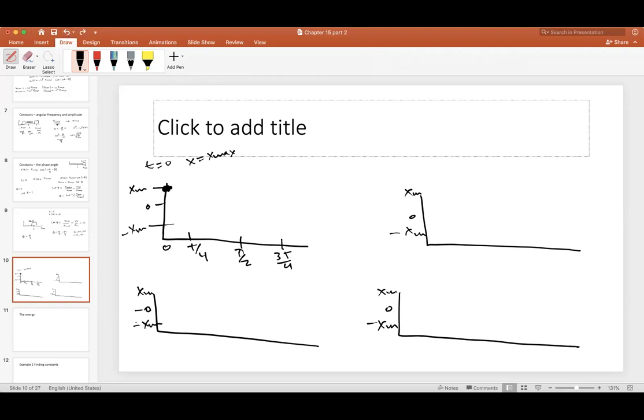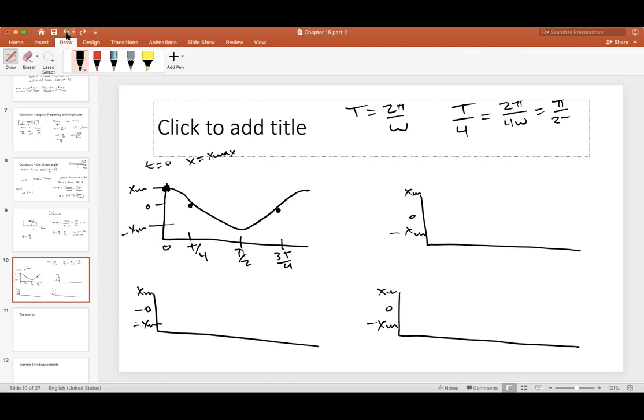I should really draw it like this, right? It starts doing some cosine function. Note that the period T is equal to 2 pi over omega, right? And I should note that these are 0. So if the full function is 2 pi, if I want a quarter of the period, that happens when we get 2 pi over 4 omega, or pi over 2 omega.